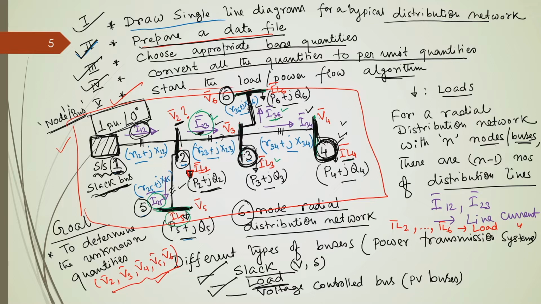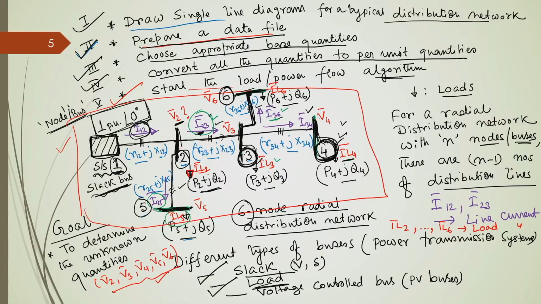And I 2 3 is already computed, because line currents are already computed. Without computation of line current, you cannot compute the voltage drop, and that is why the line current computation should be done first. That is why a backward sweep is to be done, and then we can compute the voltage.